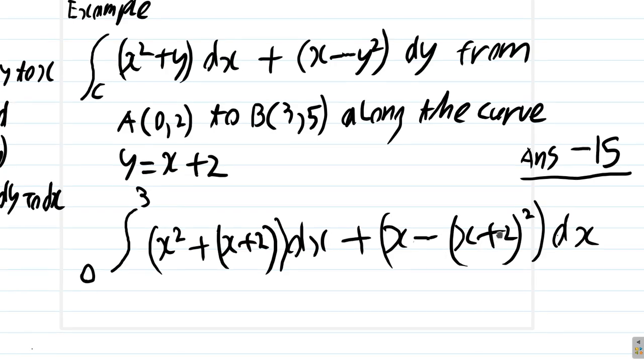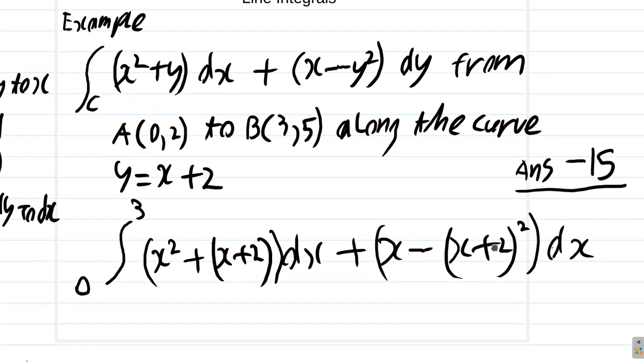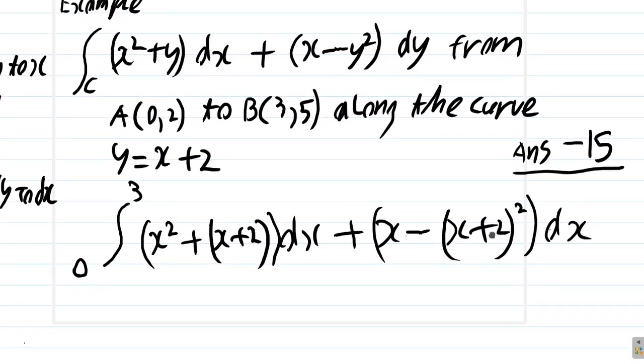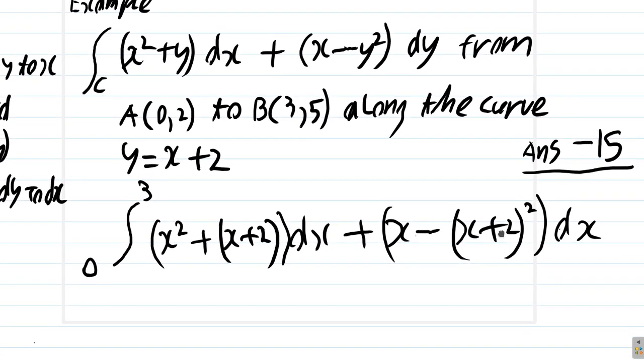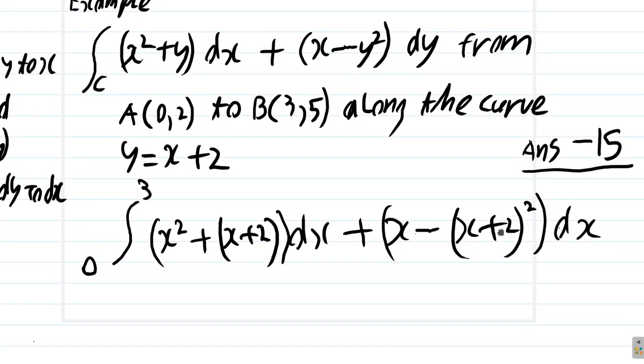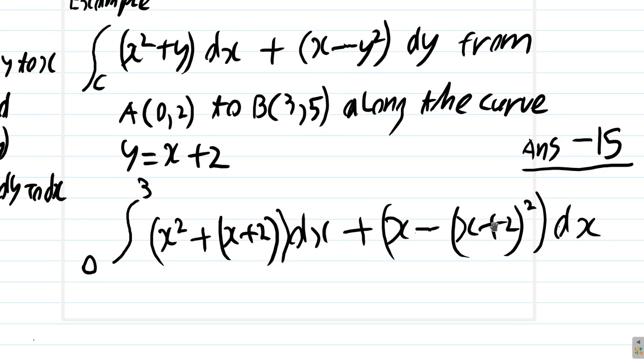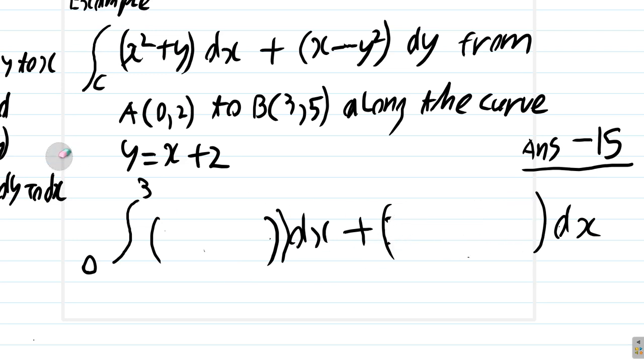Now this is what we had in the previous integration. This is where we started, right? But we want to change x to y and dx to dy. So I'm going to make some adjustment in what we do here. Now the function says x squared plus y.